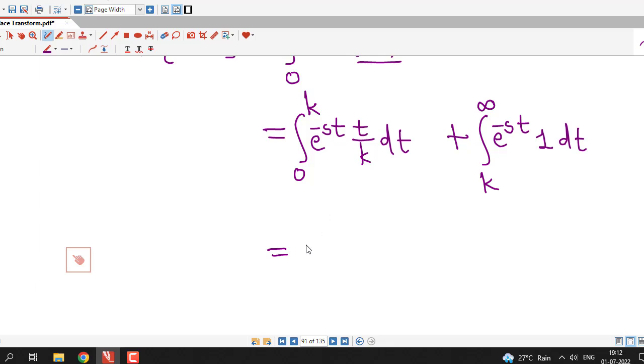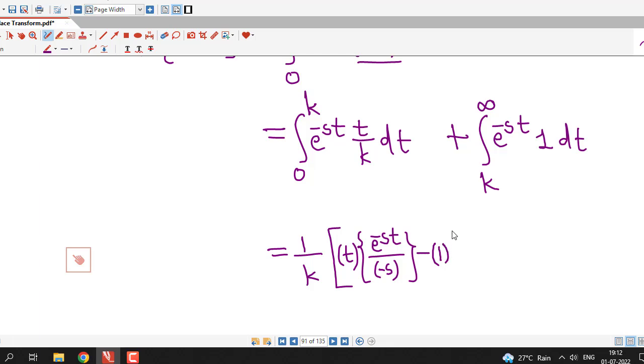Now here 1 by k is independent of t, so we can take it outside, and we apply integration by parts. We consider t as it is. The integral of e raised to minus st is e raised to minus st divided by minus s, minus the derivative of t into the integral of e raised to minus st divided by minus s.